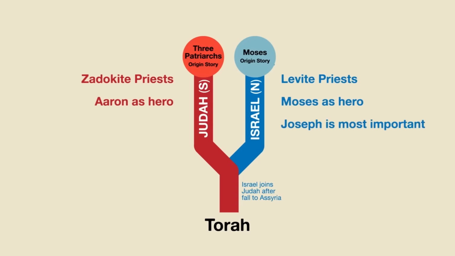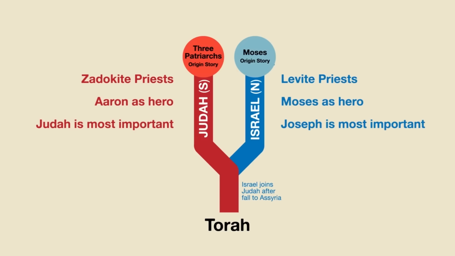Joseph, the other main character associated with Egypt, was also more of a northern hero. He was supposedly the progenitor of the two largest northern tribes, Ephraim and Manasseh. In contrast, in the south, Judah was portrayed as being the most important son of Jacob.